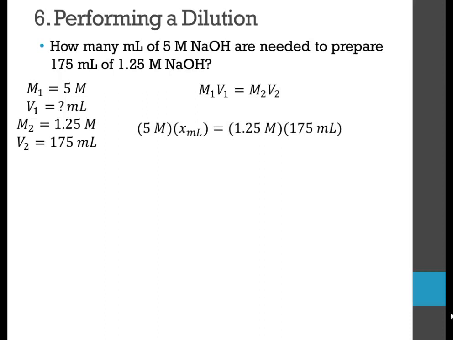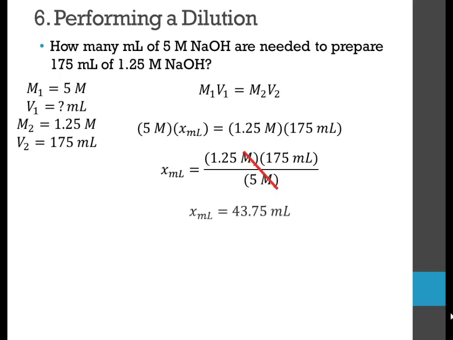I need to isolate X to be by itself. So M1 is 5, V1 is X, that's what we're solving for. M2 is the new concentration, and V2 is the new volume. So I need to isolate X, divide both sides by the 5 molar. We see that the M's cancel, so the molarity cancels out, meaning the only unit left is going to be milliliters.